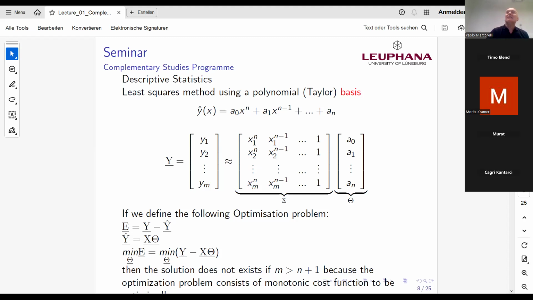Here, the sentence is not possible to read, but it is the cost function to be optimized. No, I will improve it a little bit in LaTeX. Yeah, and the minimum exists, it is 0, if m equals n plus 1. I will meet all points.